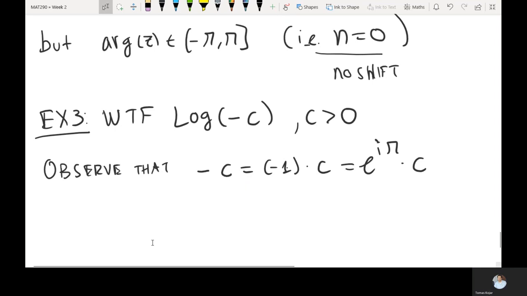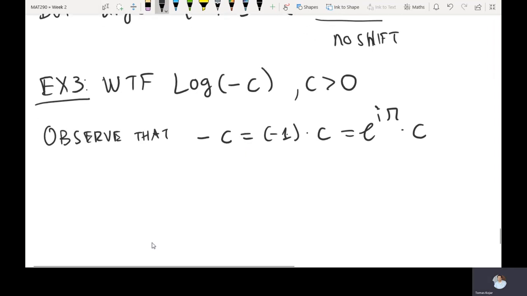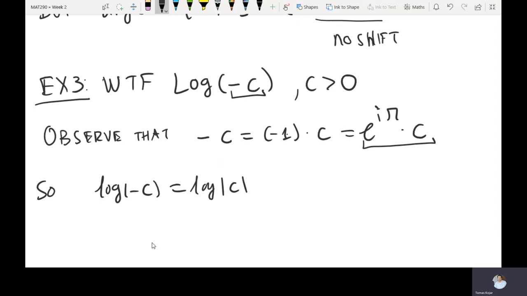Okay. So the goal is always to bring the input into a polar form, and we did it. So let me do both the big and the small. So log of minus c will equal log of modulus of c plus i pi plus i 2 pi n.